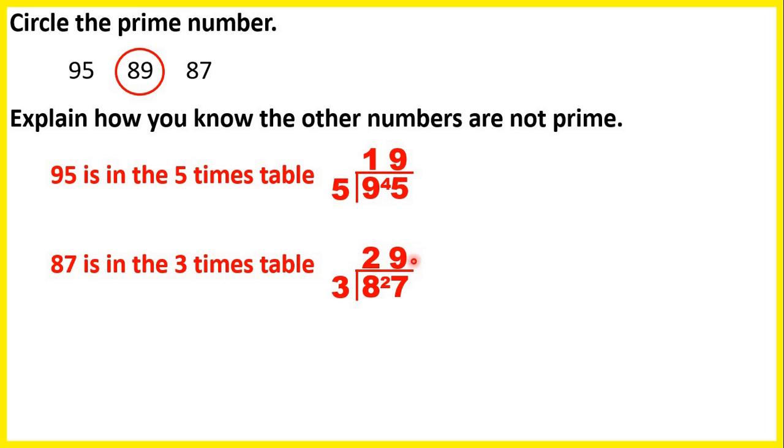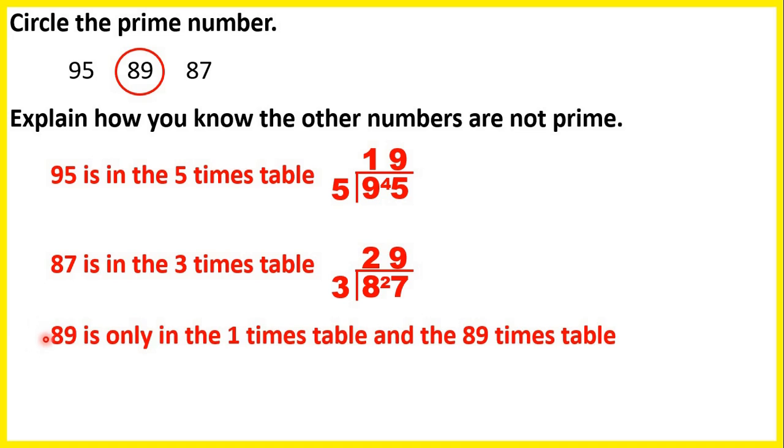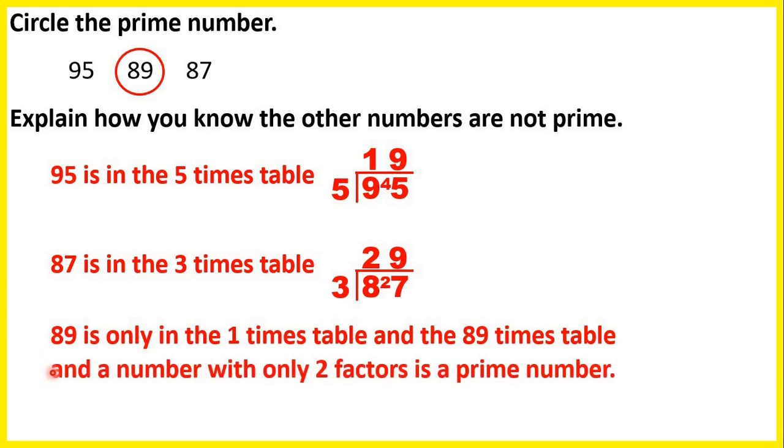So here, because we didn't get a remainder for dividing 87 by 3, we know that 87 is in the 3 times table as well, so not just in the 1 and 87 times table, but also in the 3 times table and in the 29 times table. So 89 is only in the 1 times table and the 89 times table, and a number with only 2 factors is a prime number.